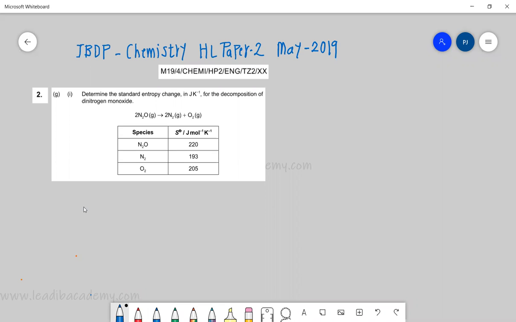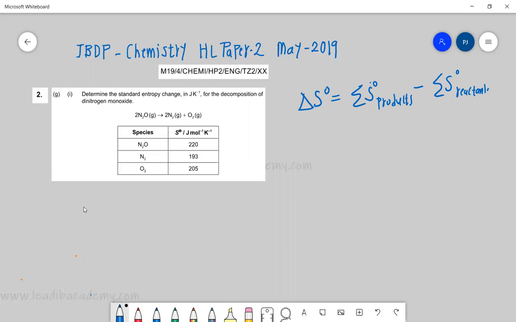We use the simple formula: delta S naught equals the summation of the entropies of the products minus the summation of the entropies of the reactants. Sigma means the summation.